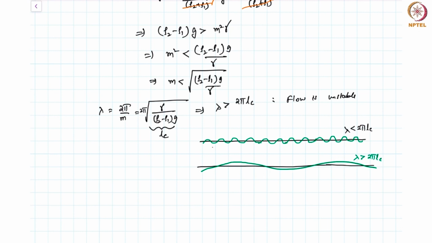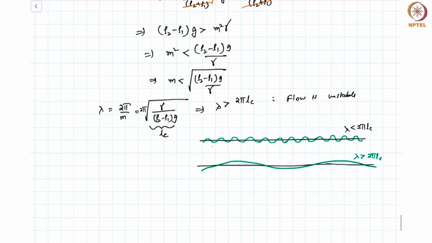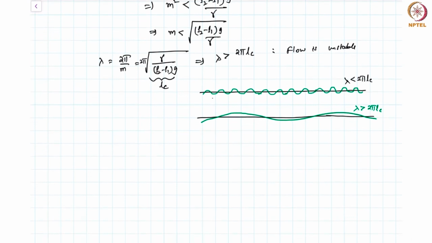And when this happens, the wave will grow. The wave will grow because gravity is going to start dominating at this length scale. You are well above the capillary length. And remember, capillary length is the length scale obtained where the surface tension and gravitational forces are in balance, right? So what is the moral of the story?